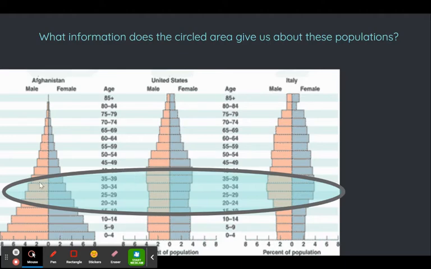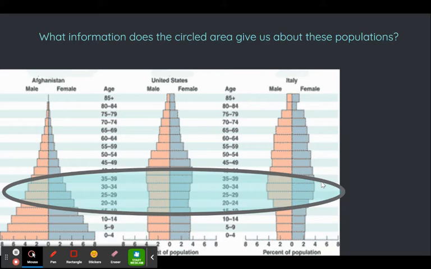So if we take a look at what this circle is representing, the circle is representing the reproductive age range for these populations. And think for a minute why that might be important to know how many individuals are of reproductive age.